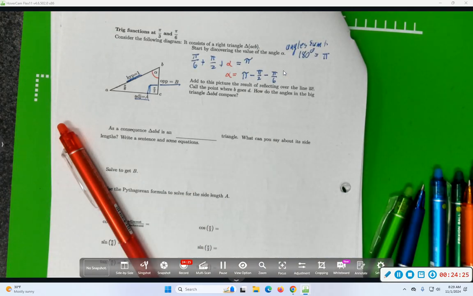And the detail I have to go into from here all depends on how uncomfortable people feel working with fractions. Should I do the work to get that into a single fraction, get the common denominators, or should I just wait? Okay. Once one of you has that alpha down as a fraction with pi in the numerator, let me know what you have.